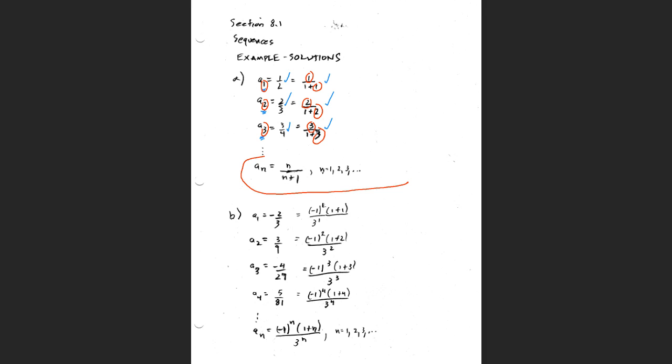So the general pattern of the sequence is the nth term, that's what the book calls this.